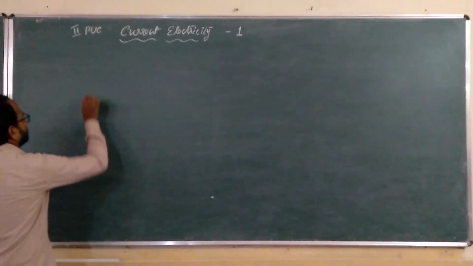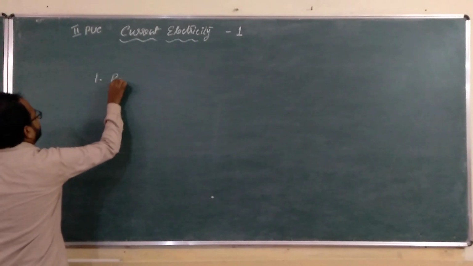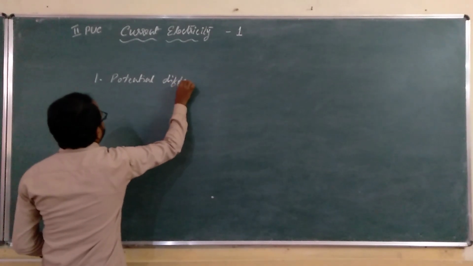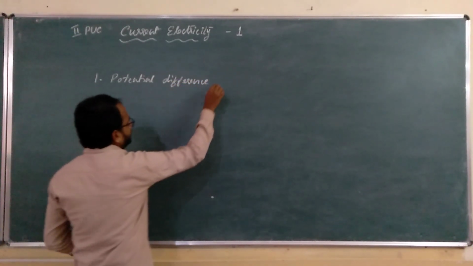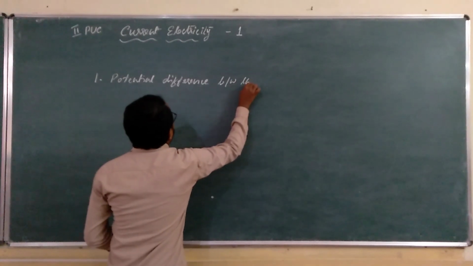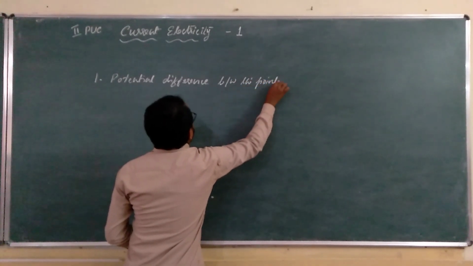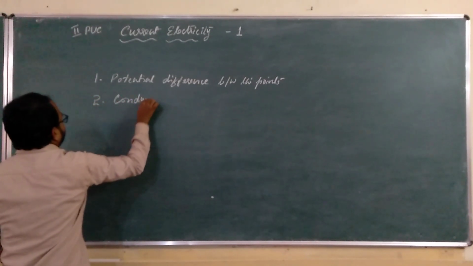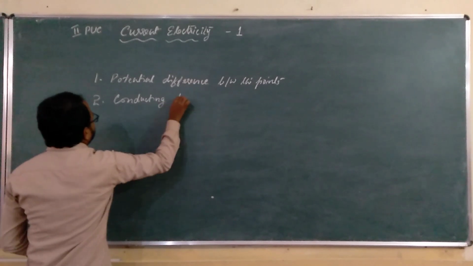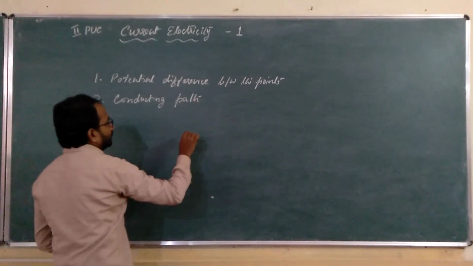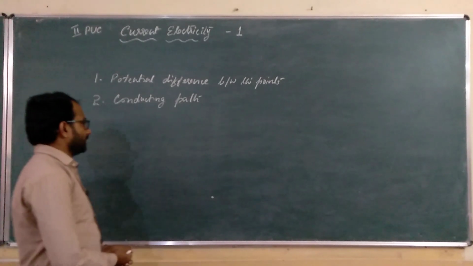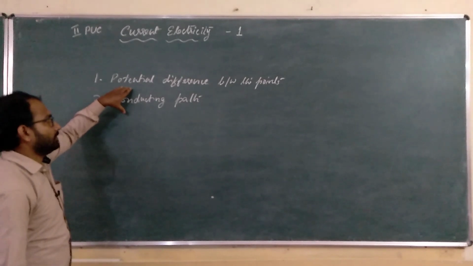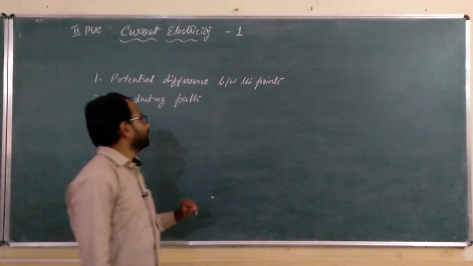The first one is that there should exist a potential difference between the two points, and a conducting path is required which connects the two points. These are the necessary conditions for the electric current to flow.